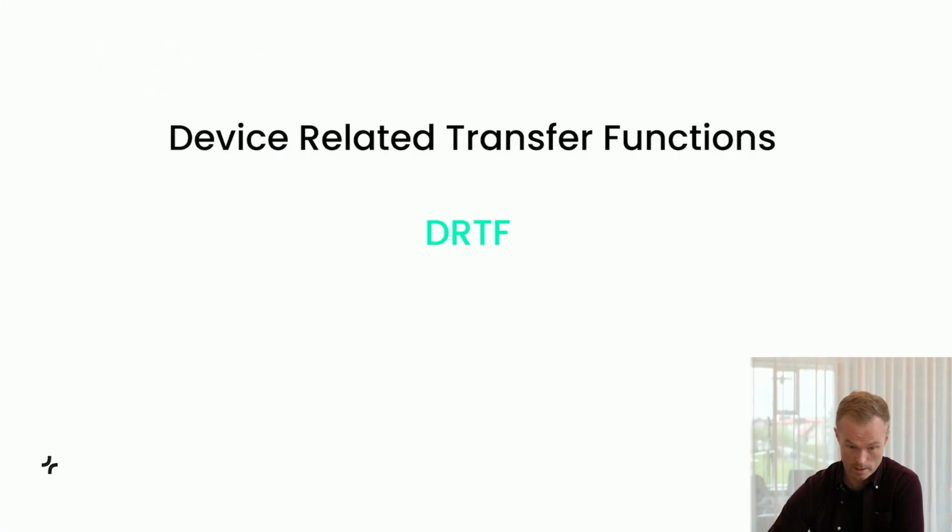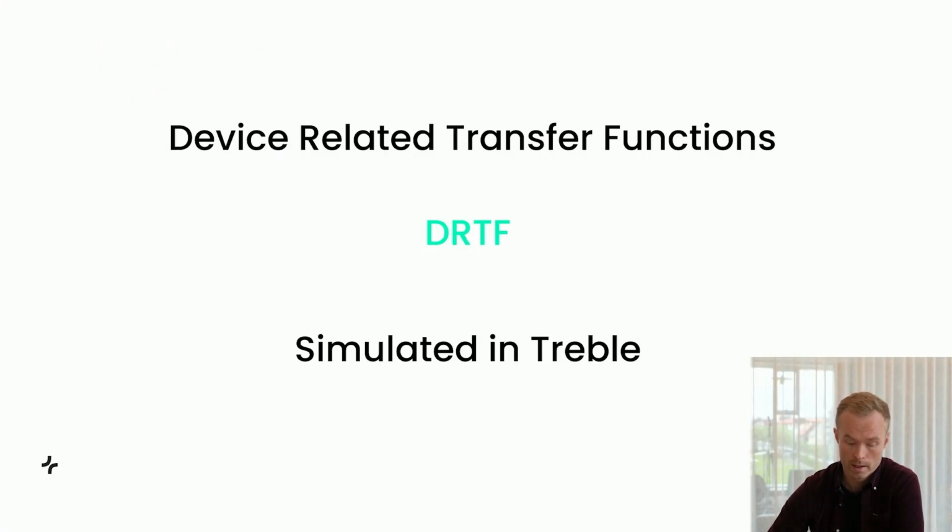Thank you, Daniel. I'm Sölvi, and I'm going to give you an introduction to what we call device-related transfer functions, or in short, DRTF, which now, from this day, you can simulate in Treble. And the reason you want to use a DRTF, as Daniel briefly mentioned, is, for example, you make a simulation.